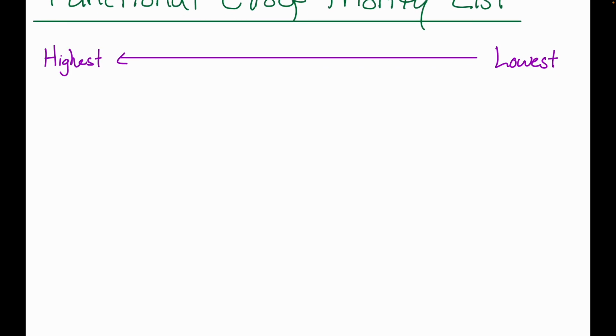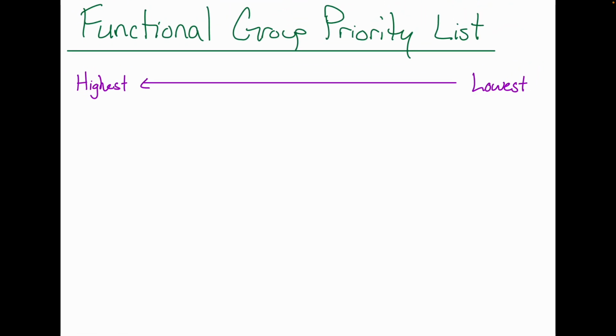And those lowest priority groups were our 2 first semester functional groups, our alkynes and our alkenes. We said that alcohols were higher priority than those 2. And now we're going to put in our thiols on this list. Thiols are above the alkenes and alkynes, but lower priority than alcohols.